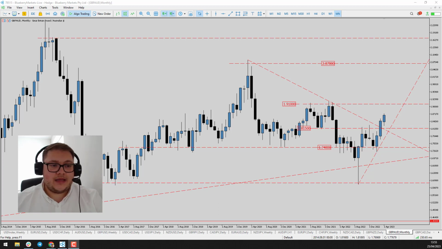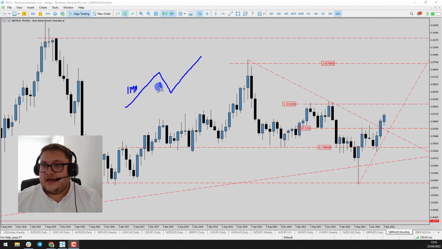What I like to look for, if I just do a sketch on the side, is if the monthly is in an upward trend like this, I look at the impulse phases and the retracement phases. The retracement phases often come into previous areas of support, and then around this area, on a lower time frame you'll get some kind of pattern form.